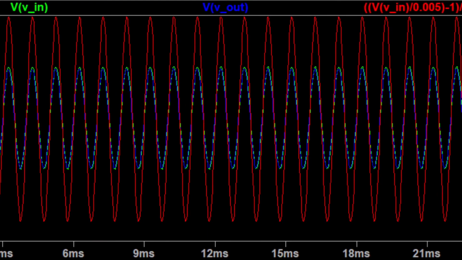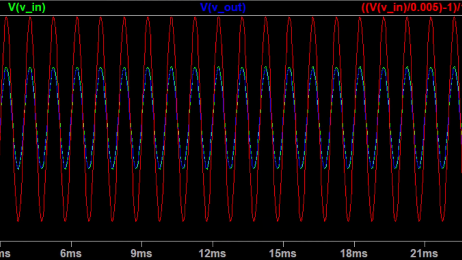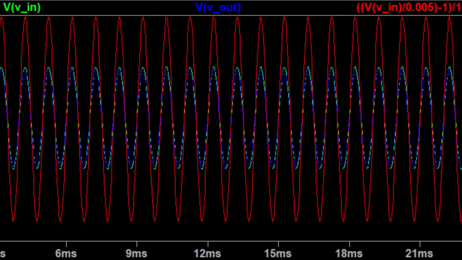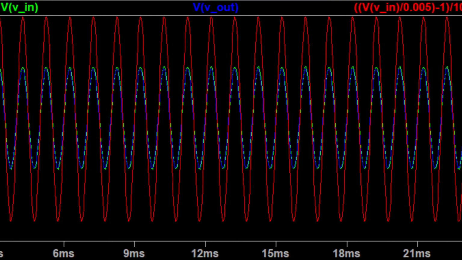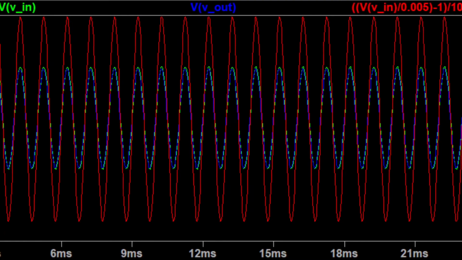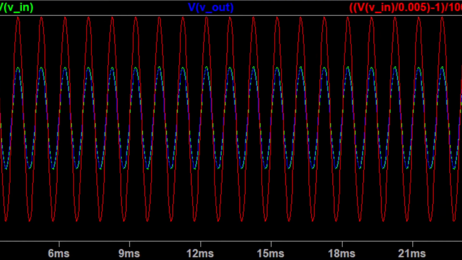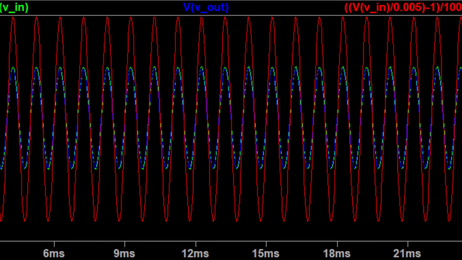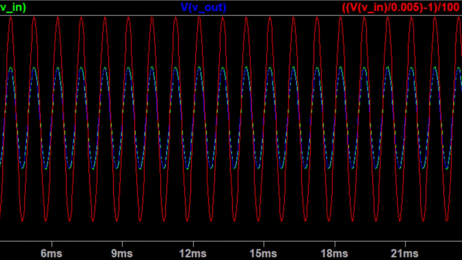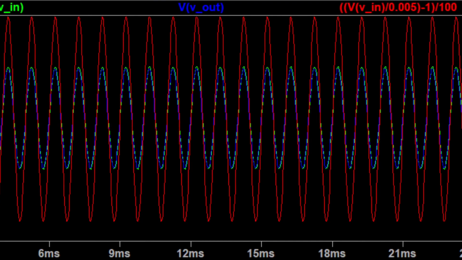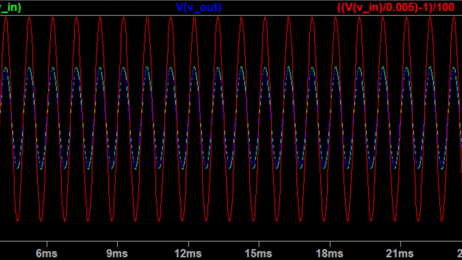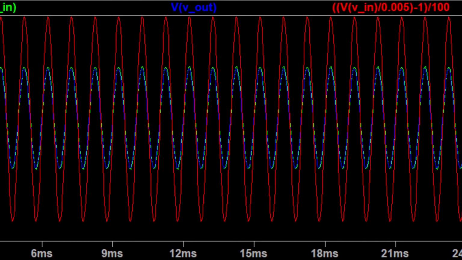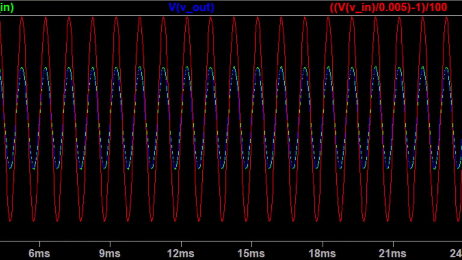From this, you can also see that the voltage input and the voltage output are both at around 0.5 volts in amplitude, which means that the circuit was able to accomplish the goal of only having an input of 0.5 volts.